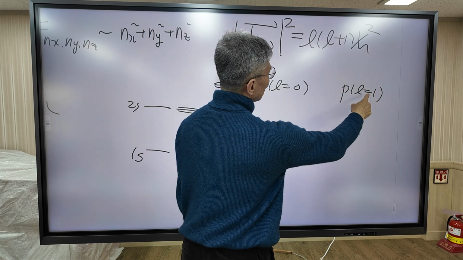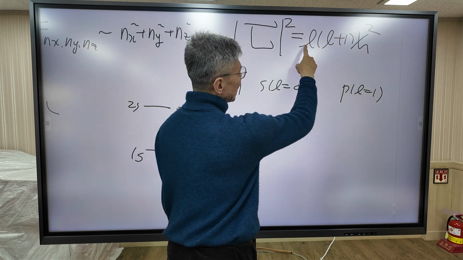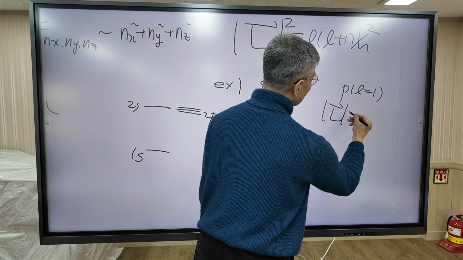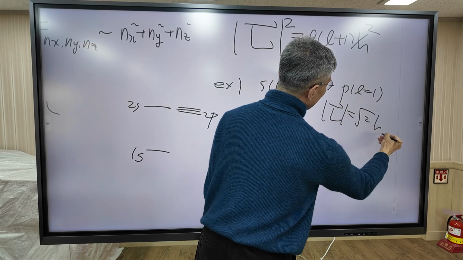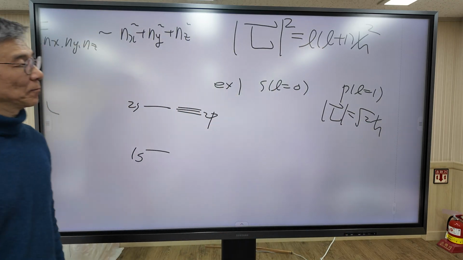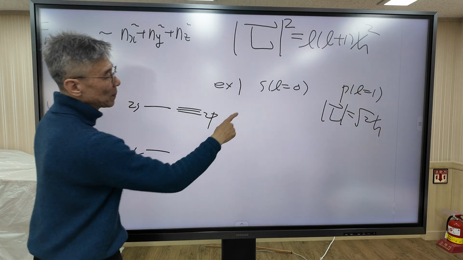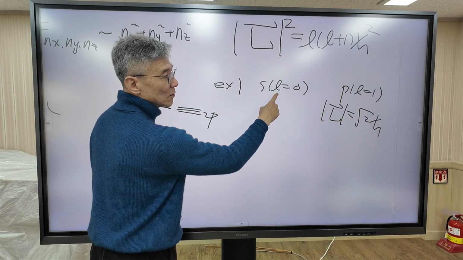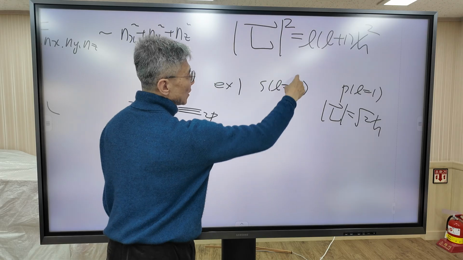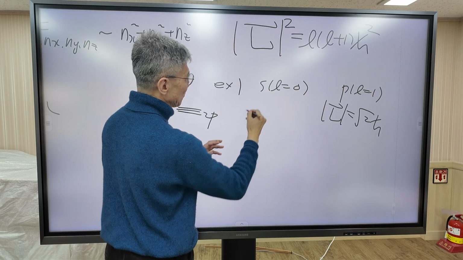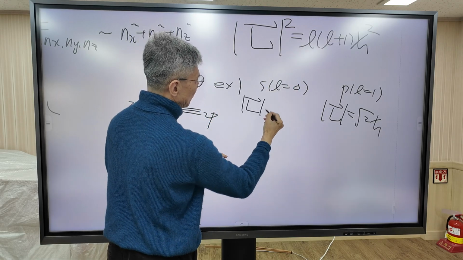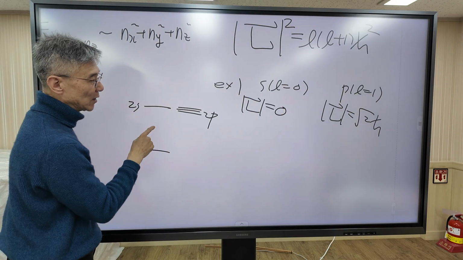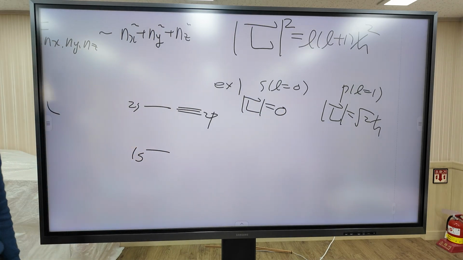So when you put l equal 1 into this equation, the magnitude of angular momentum is square root of 2 h bar. How about the s orbital? When the electron is in the s orbital, quantum number l equals 0. So when you put l equals 0, angular momentum is 0. So when the electron is in an s orbital, 1s or 2s orbital, there is no angular momentum.